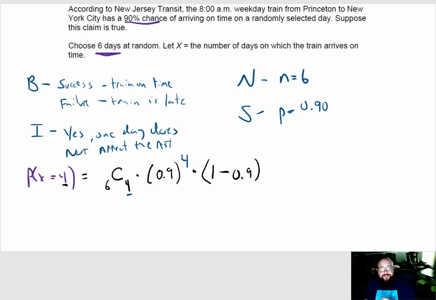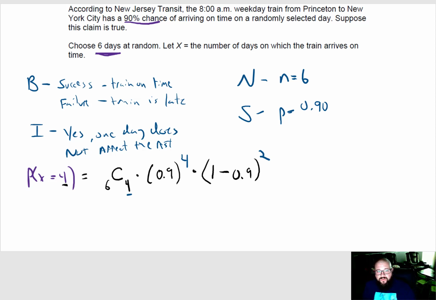If not, don't be scared to just follow the actual formula and write it out. It's perfectly fine. So now, how many failures will we have? Again, these top 2 power numbers have to equal our total of 6. So if we have 4 days on time, we know we're going to have 2 days that are failures.